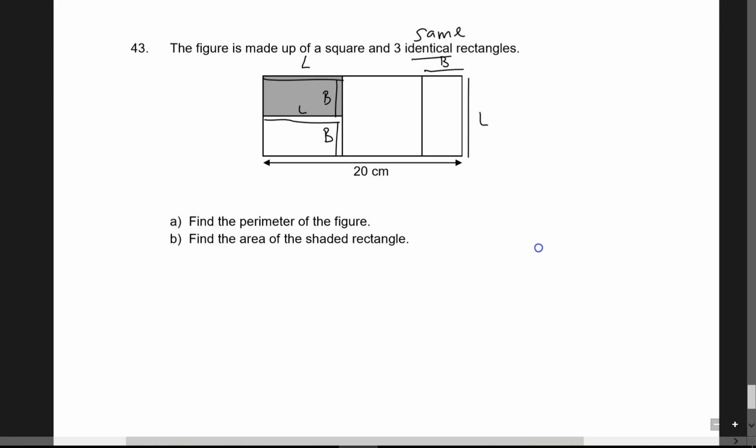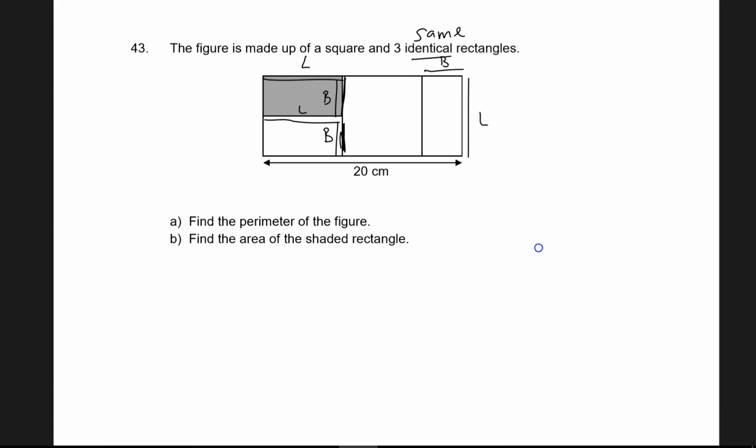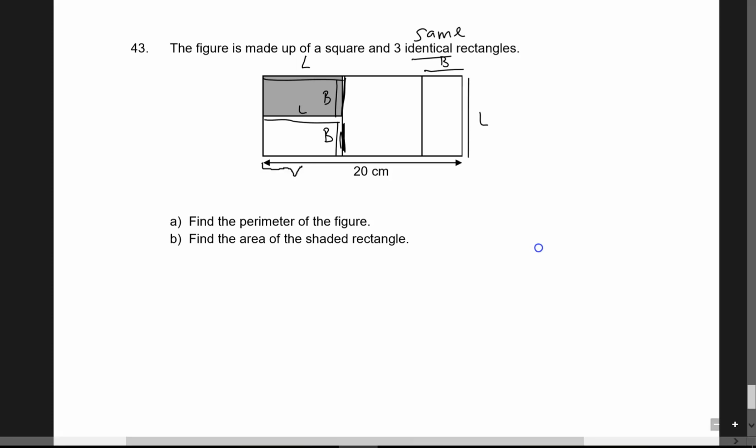Let me repeat, 2 breadths, 1 and 2, makes up 1 side of each. And you know that the length over here looks identical to the length over here.